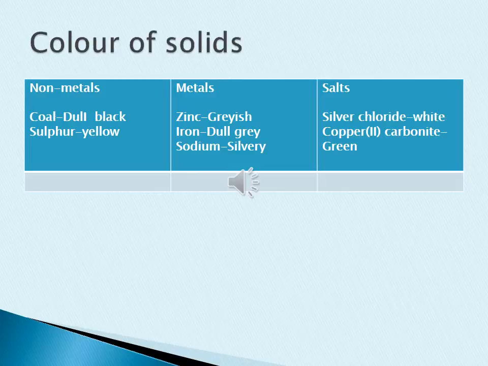Because coal contains carbon, and carbon is not a metal. That's why coal is a non-metal. What is its color? Dull black. You have seen coal also.